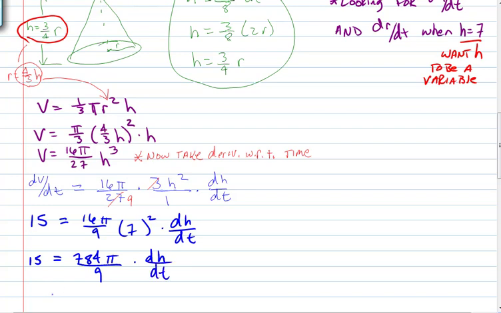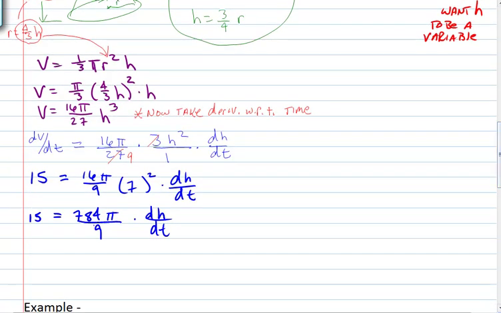How do I get dh/dt? Multiply by the reciprocal. So we end up with dh/dt when h is equal to 7 is going to be equal to 15 times 9 over 784 pi. What's 15 times 9? 135. So that's 135 over 784 pi, which is approximately what?